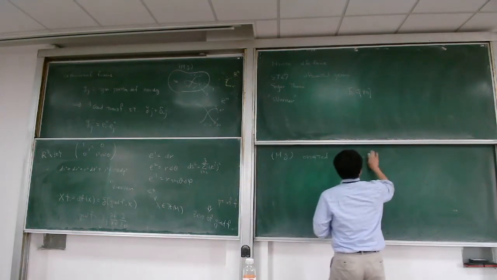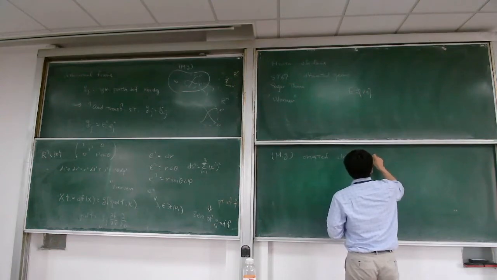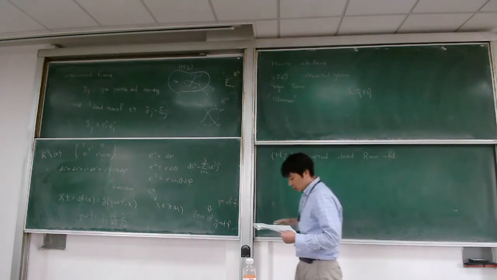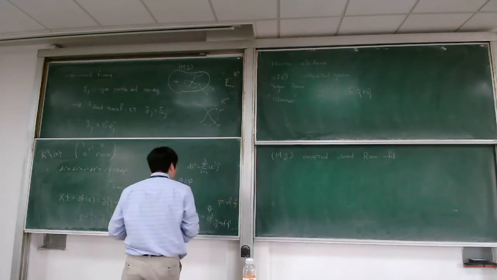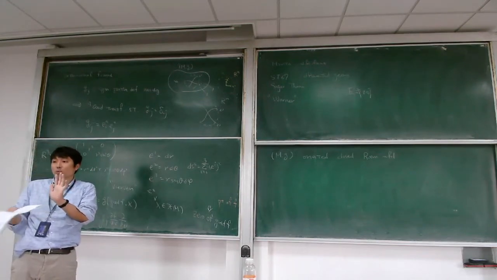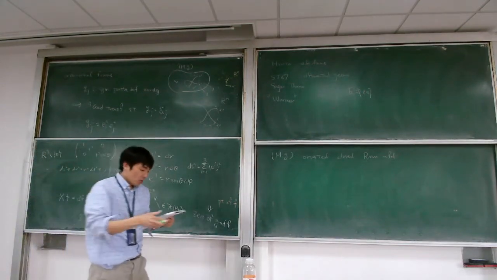So M and g are a Riemannian manifold. Then one can introduce a so-called orthonormal frame by using the Gram-Schmidt process at each point.